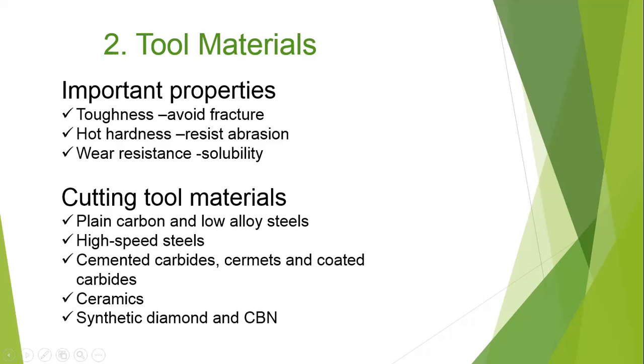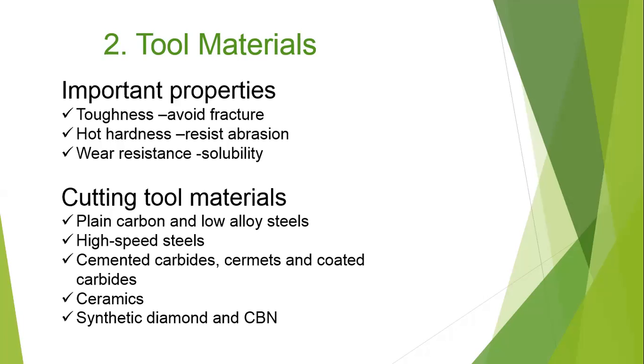Cutting tool materials. There are different types of cutting tool materials that have been used from the 17th century to the present. At the initial stage, plain carbon and low alloy steel were used.